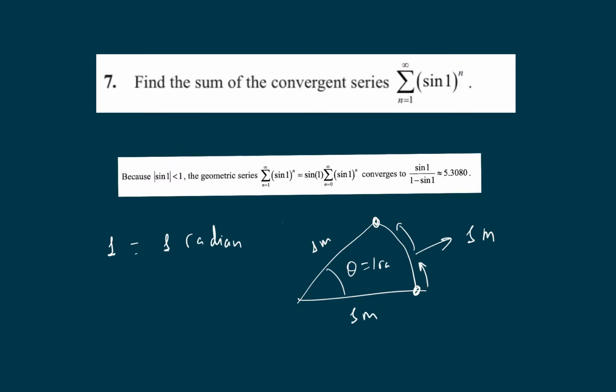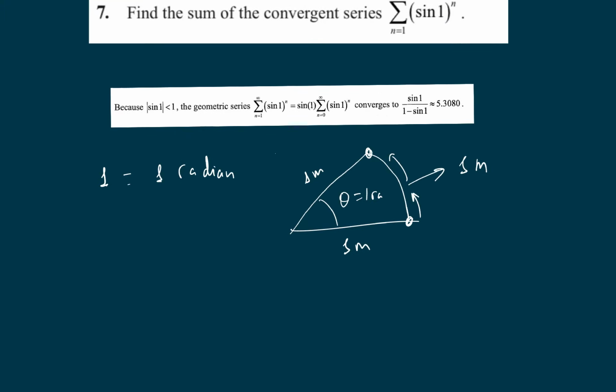So the equation for defining theta in radians is that theta is L divided by r, and theta has no units. You see, meters divided by meters has no units.